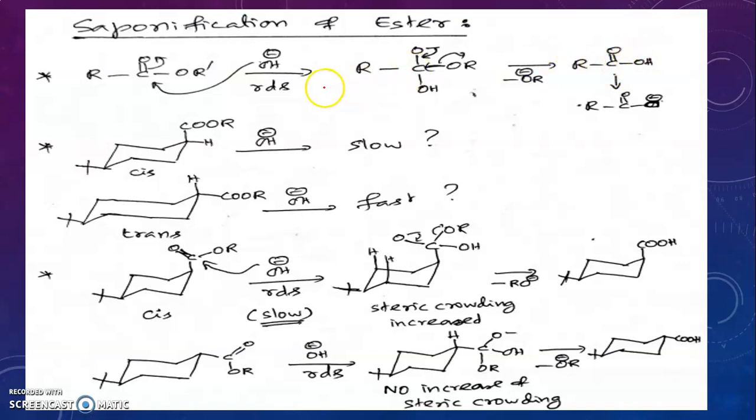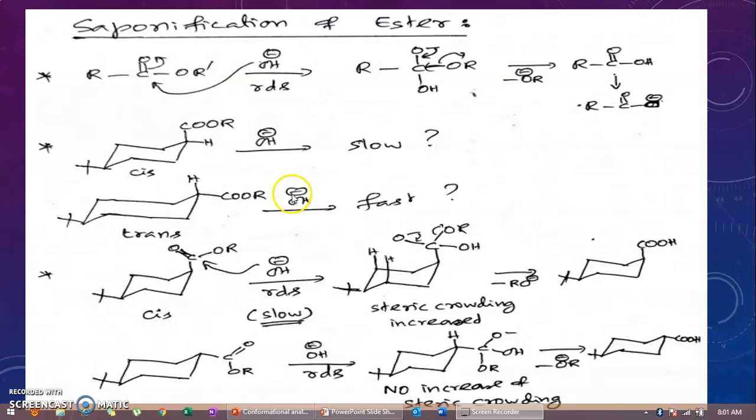Now listen, in the rate determining step, so in saponification of ester, the attack of OH minus on the carbonyl carbon, this nucleophilic attack, is the rate determining step.